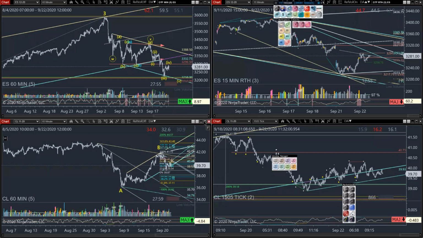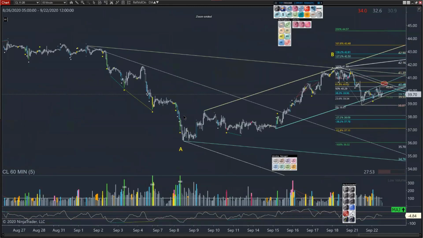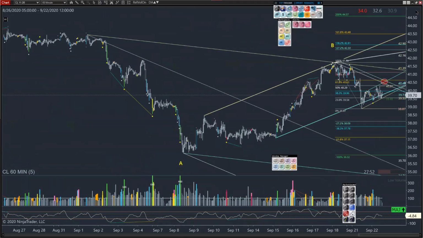So we're clearly looking for, pardon me, I had called this the end of wave one down of 5 of C, which would mean, and maybe I have the nomenclature wrong, but whatever.